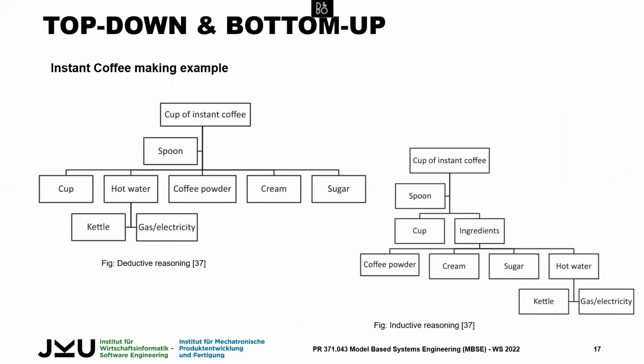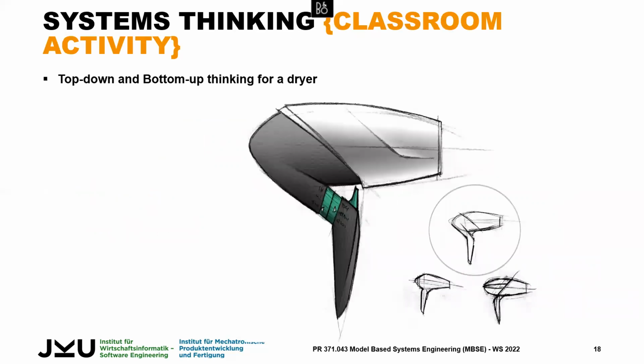And there is also a nice example here, like a cup of coffee, how you can make it with top-down and bottom-up approach, because synthesis and analysis are also part of system thinking. So that you will also see how you can do that. And if you do not understand this, also ask me in the next class.